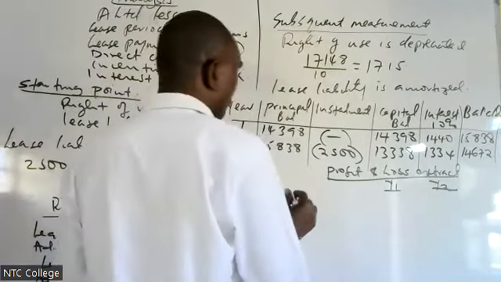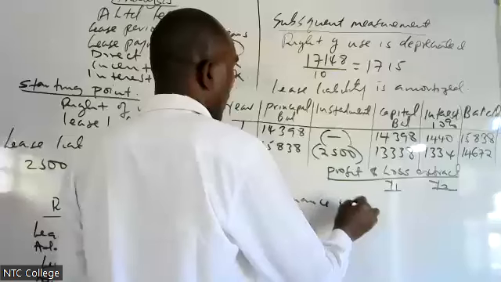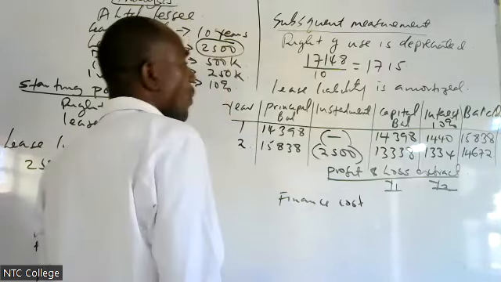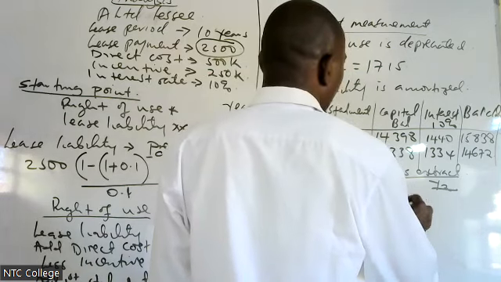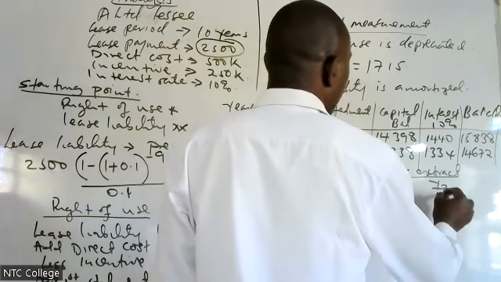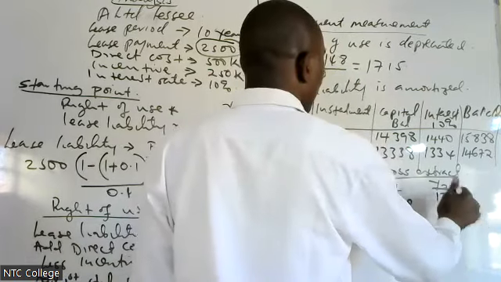Therefore, here, I will start with finance cost. In year 1, finance cost was 1440. Year 2 is 1334.